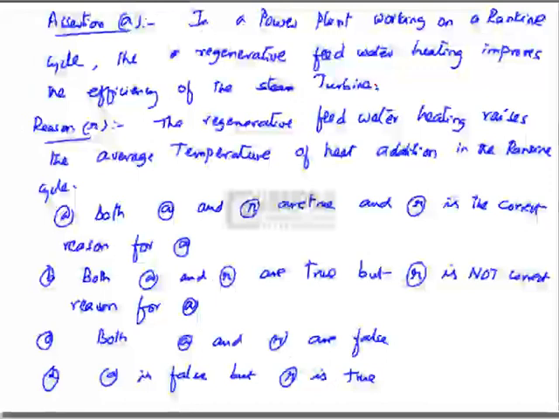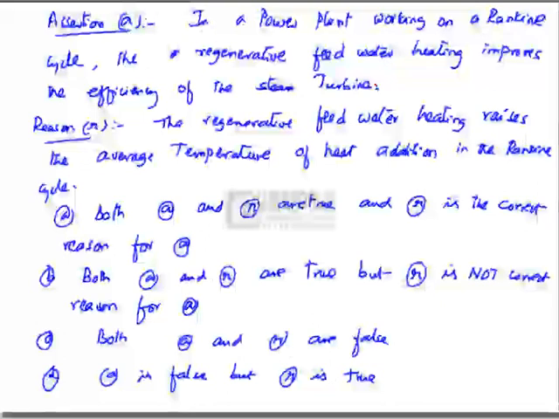This is also a correct statement, and reason R is the correct explanation for the assertion A, because as regeneration is provided, the temperature of the water entering the boiler would increase.